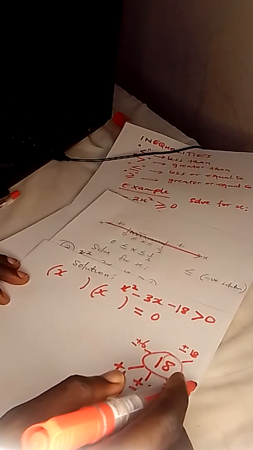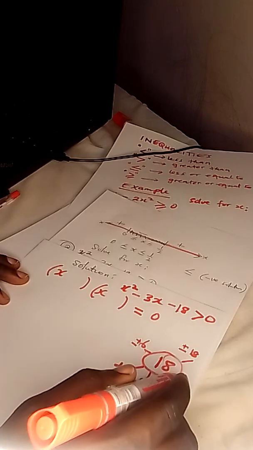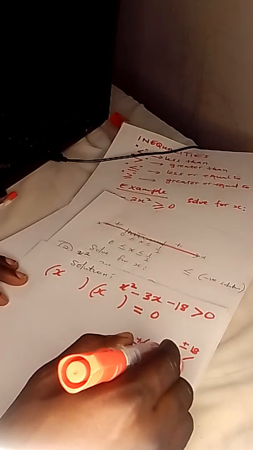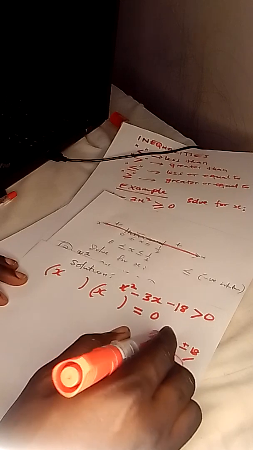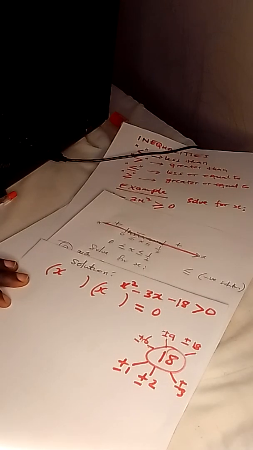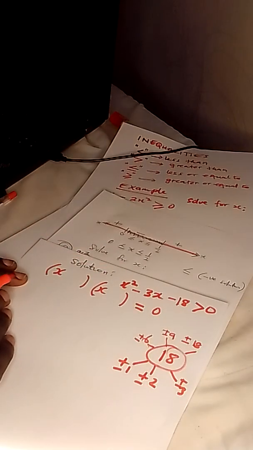I think 9 can also go into 18. 2 times 9 is 18. So we can also have plus or minus 9. These are factors of 18. Okay. We want two of them such that when we multiply it will give us minus 18, and when we add it will give us minus 3, sorry.